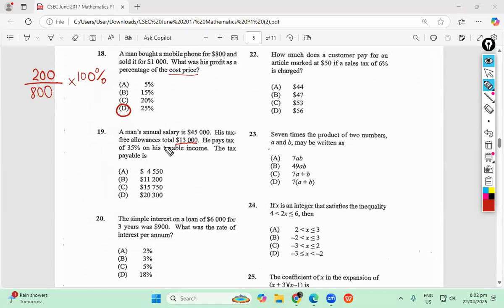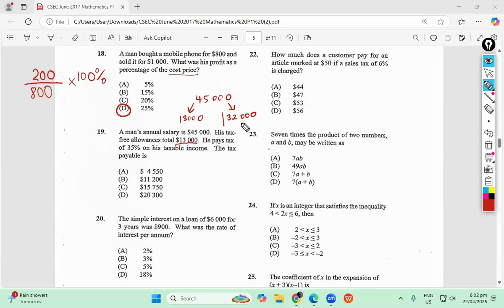So let's break this up into two pieces, right? The 45,000 can be broken up into two pieces. The 13,000, which the government cannot touch, and 45,000 minus 13,000 is 32,000.